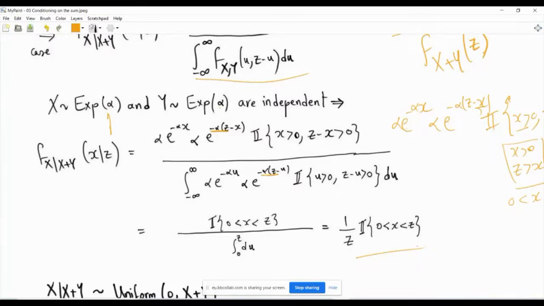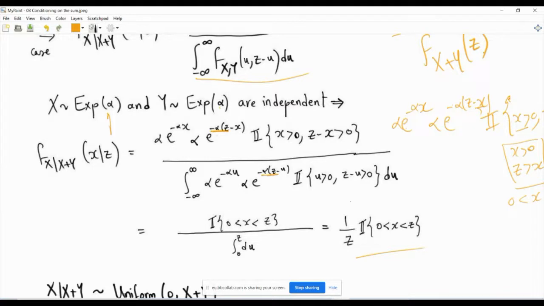So you start with two IID exponential random variables, and now you are conditioning. For some reason, you are able to know the sum. So given the sum, what will be the distribution of x now? It's a different distribution. The original distribution of x alone, without anything else, is exponential. But now I'm asking a different question. What is the distribution of x given that x plus y is equal to z?